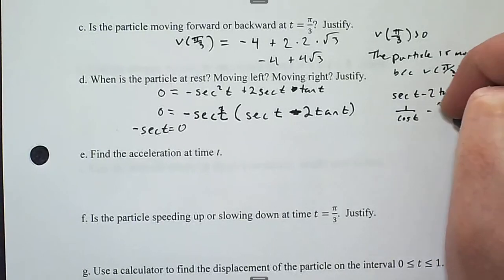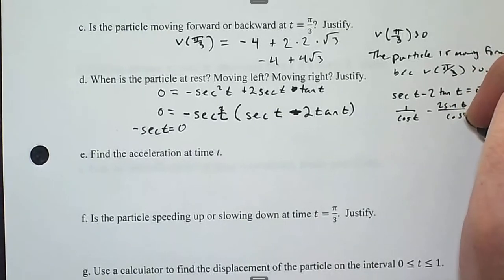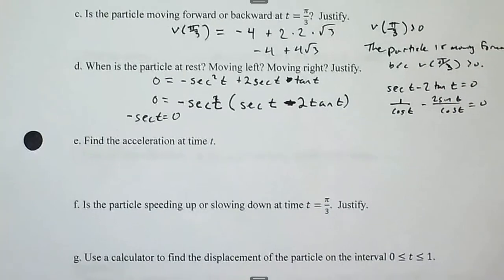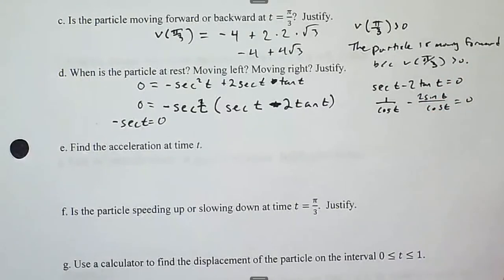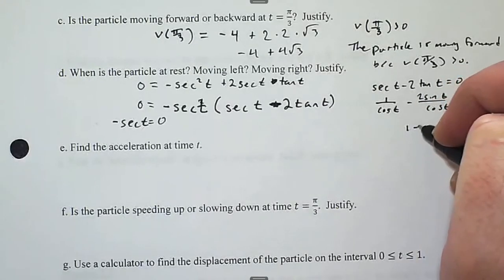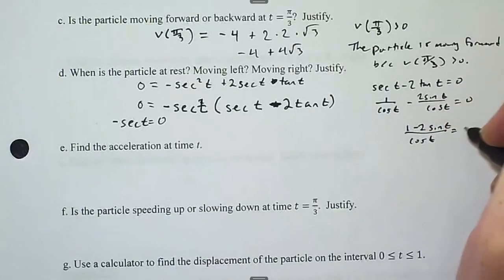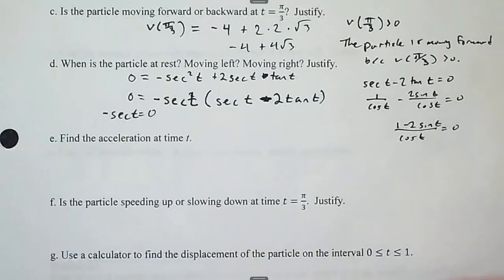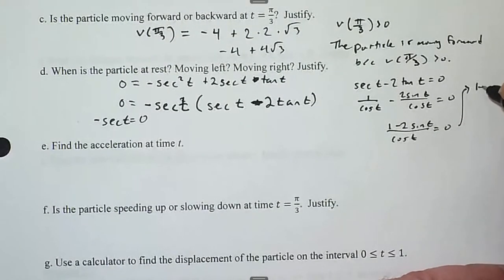Tangent is sine over cosine. And as you can see, this becomes relatively simple because the cosine is already a common denominator. So 1 minus 2 sine t over cosine t equals 0. We just need to solve 1 minus 2 sine t equals 0. Gives me sine of t equals 1/2.